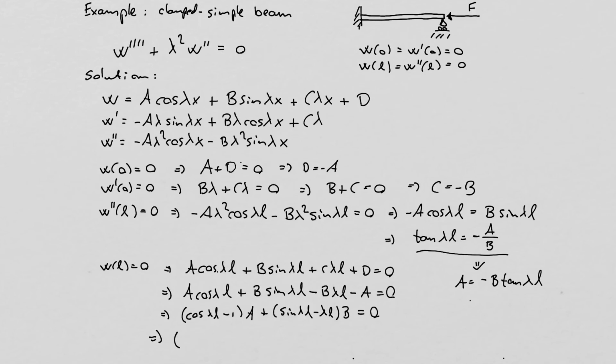So we have cosine lambda L minus 1, and then we get tangent lambda L times B, and we have the minus, don't forget that, plus sine lambda L minus lambda L, B equal to 0.